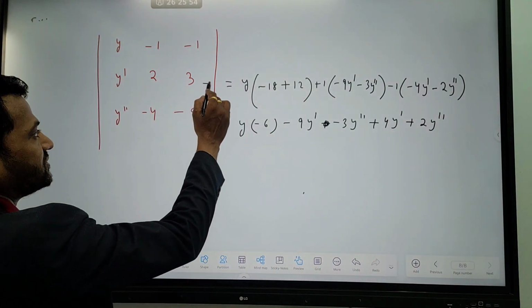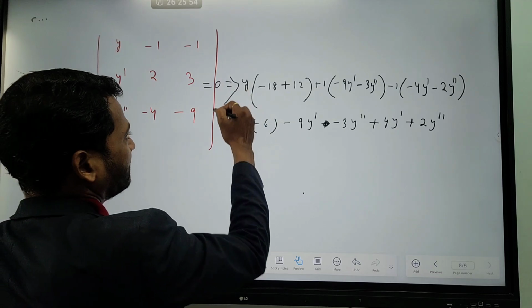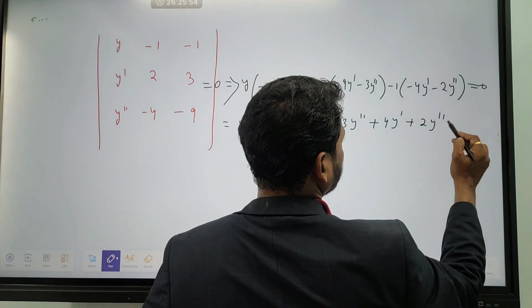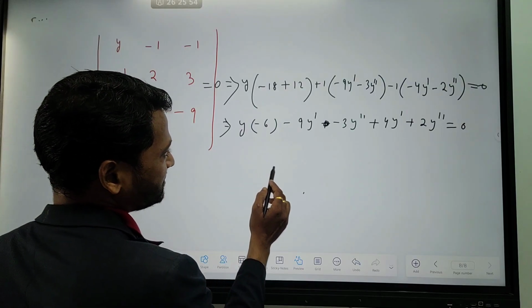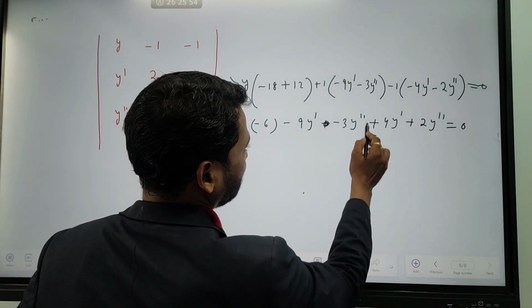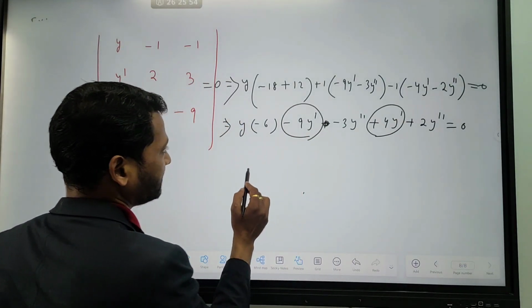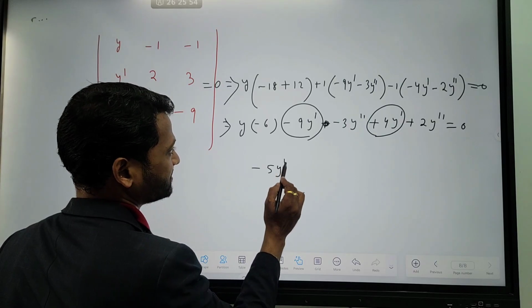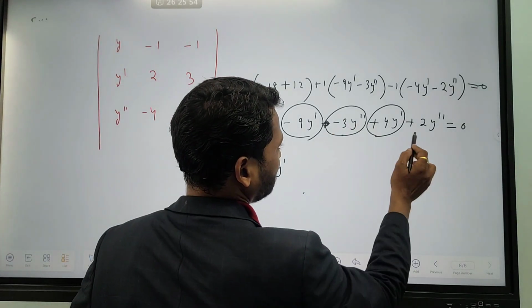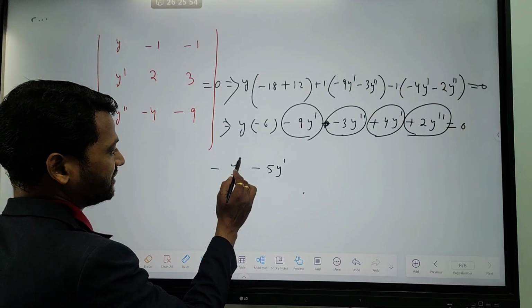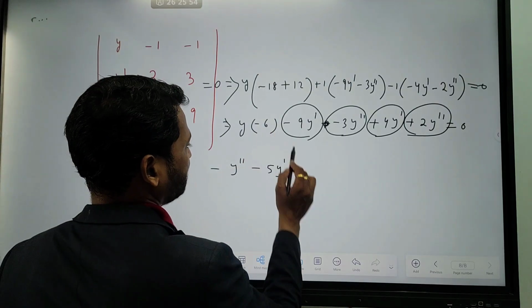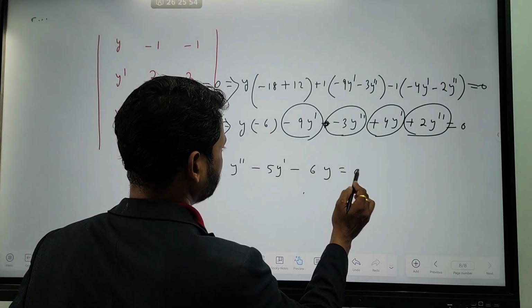This is equal to 0. So minus 9y dash plus 4y dash gives minus 5y dash, minus 3y double dash plus 2y double dash gives minus y double dash, and minus 6y equal to 0.